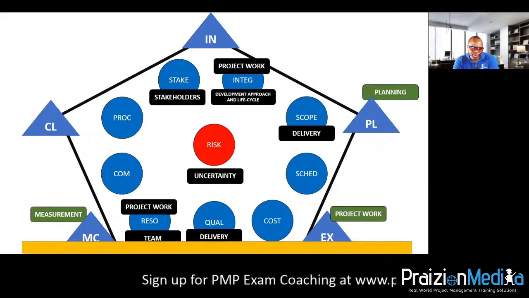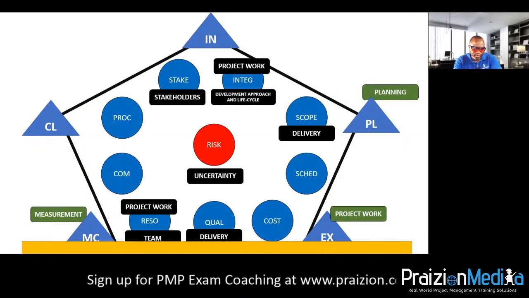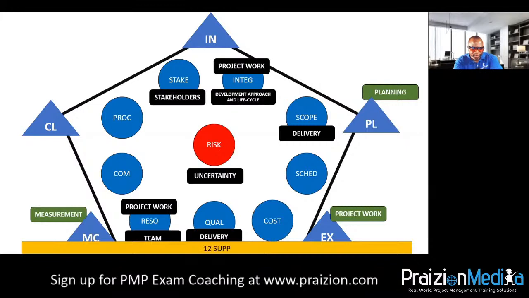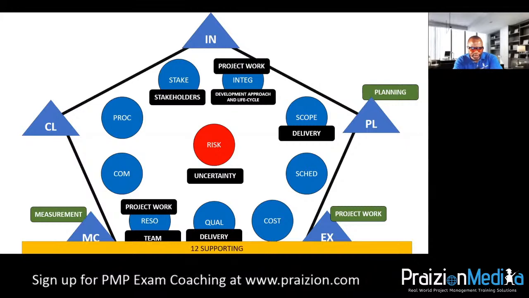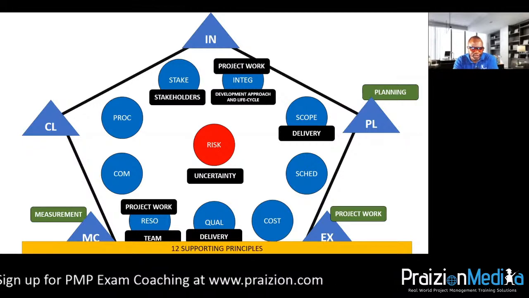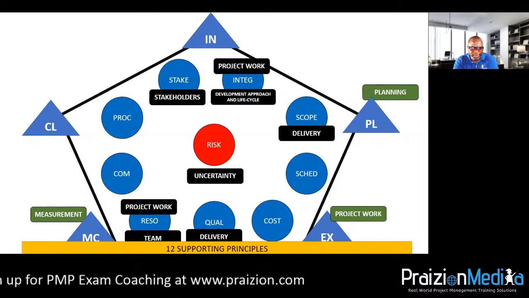The best way to position it, like I said, is to let people know there are 12 supportive principles in the 7th edition that were not there in the 6th edition.